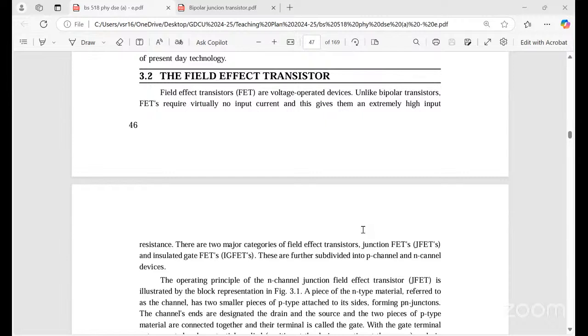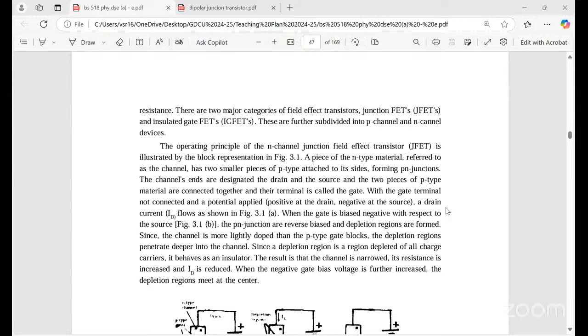is a voltage operated device. Unlike bipolar transistors, FETs require virtually no input current, and this gives an extremely high input resistance.